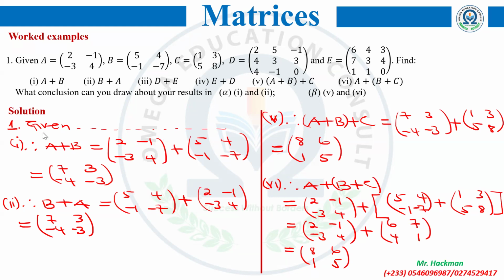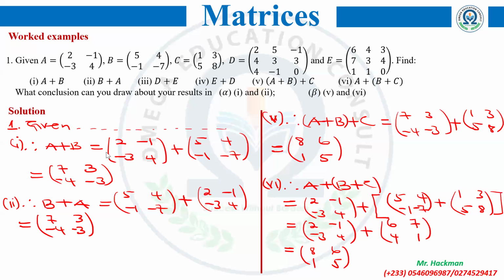So now let's go. Now we come to I. We are asked to find the matrix A plus the matrix B. So A plus B will be equal to your matrix A plus your matrix B, which you write. When you are combining, you combine mentally.